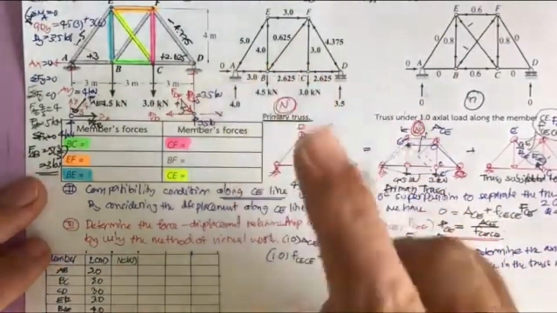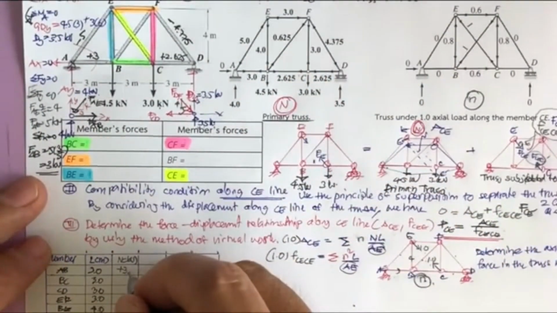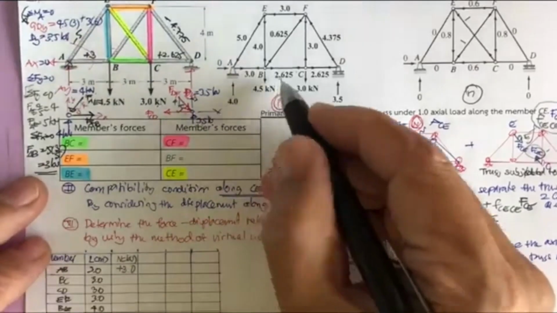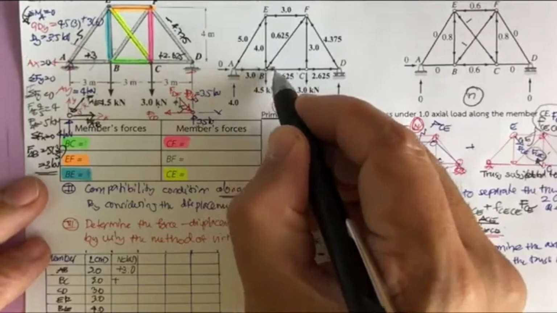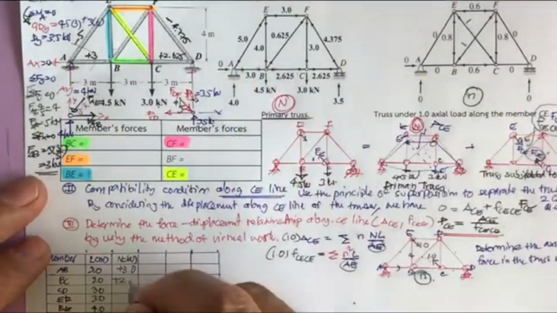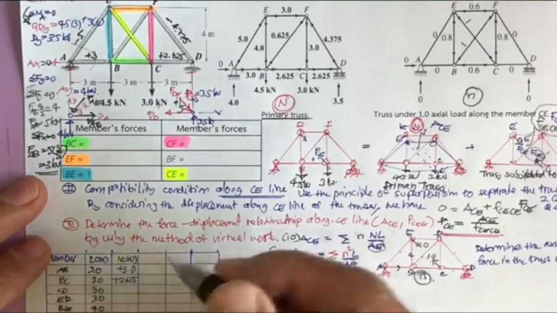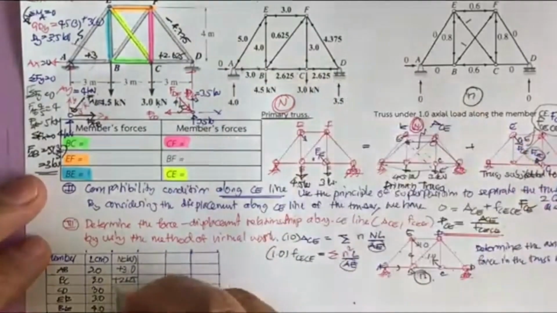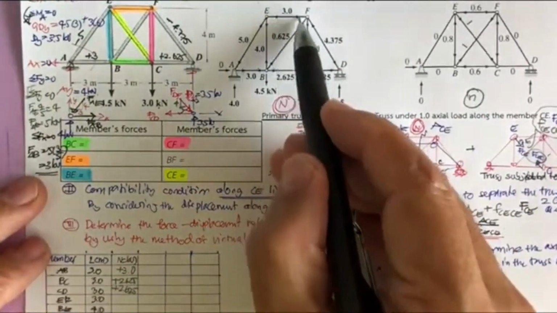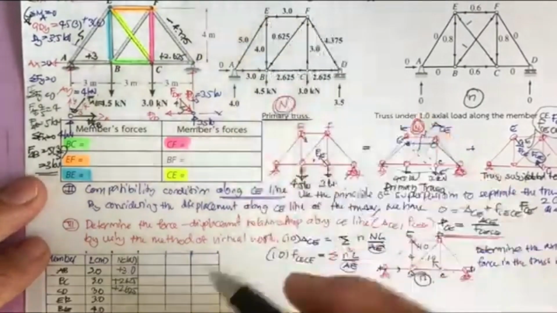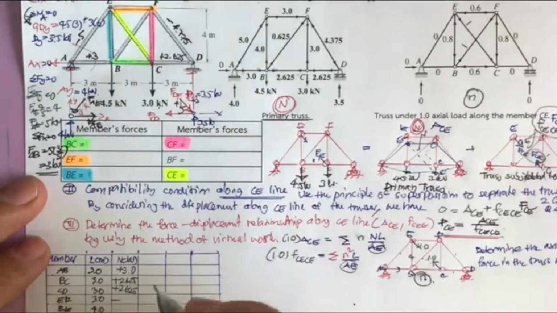This one is plus 3.0. This one is tension, plus 2.625. And this one also is in tension, plus 2.625. And this one, minus 3.0.